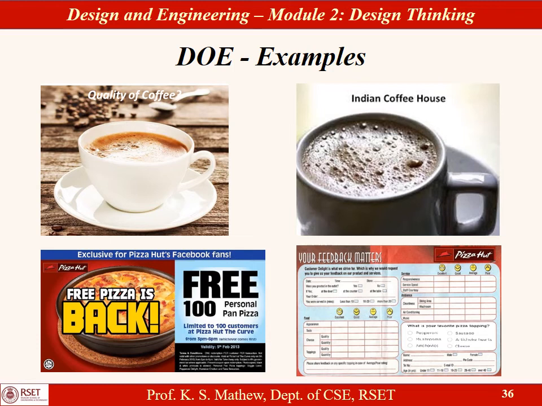So they will repeat this for maybe 5 days, 6 days, 7 days, or for 1,000 customers. They will be repeating the same experiment again and again with revised ingredients or specifications in every instance of the experiment. This will be continued till they get very high feedback for their new flavor pizza.